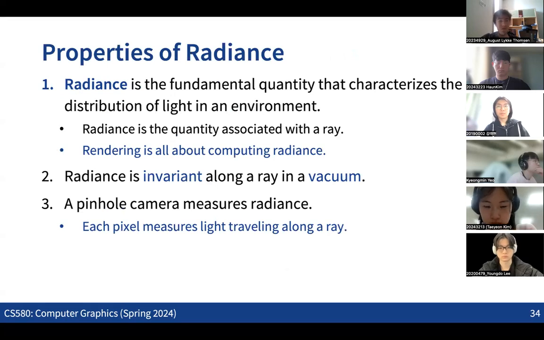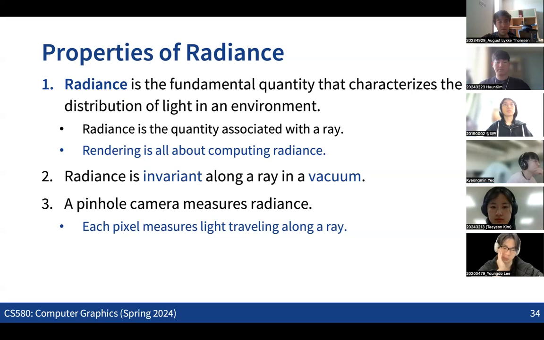So yeah, radiance is the main thing. It's the fundamental quantity that characterizes all the distribution of light. And we are obviously assuming that the radiance is invariant along the ray, and all the rays are moving in a straight line and delivering the same amount of radiance over the space, without assuming any occlusion in the space.